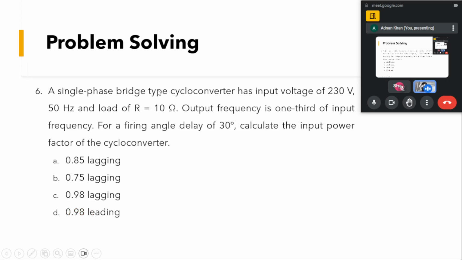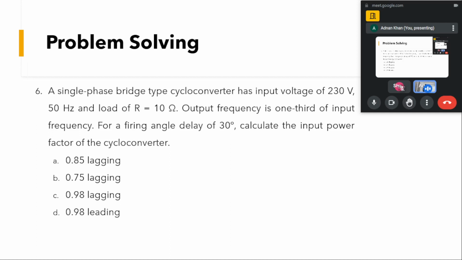Now we have question number 6. A single phase bridge type cycloconverter has an input voltage of 230 volts and 50 hertz. It's similar to the previous question, but here something else is asked. The load R is given as 10 ohms. Output frequency is 1/3 of the input frequency.